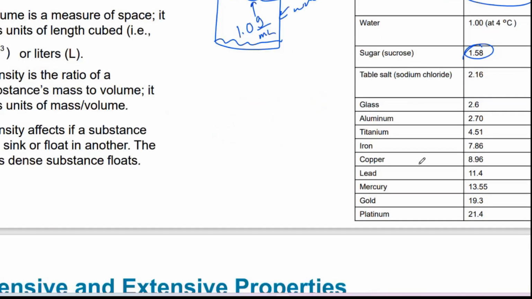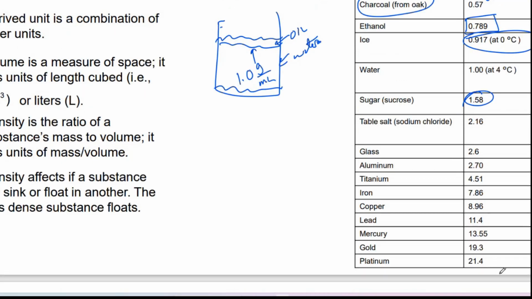All right, so table salt sinks in water until it dissolves, right? Glass would sink in water, aluminum also. So things that are more dense will sink. So all of these substances will sink. Notice that platinum is even more heavy than gold, or more dense rather, and gold is very dense compared to, say, aluminum.